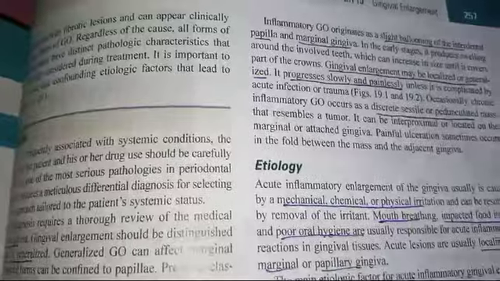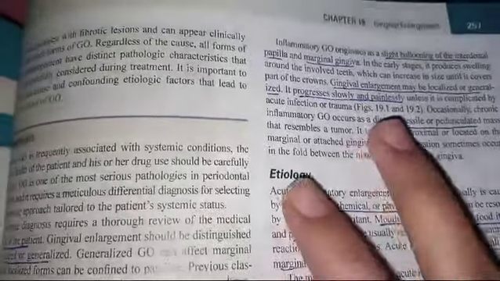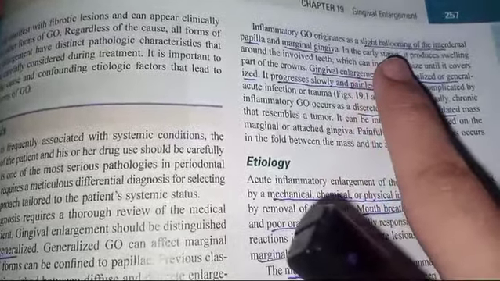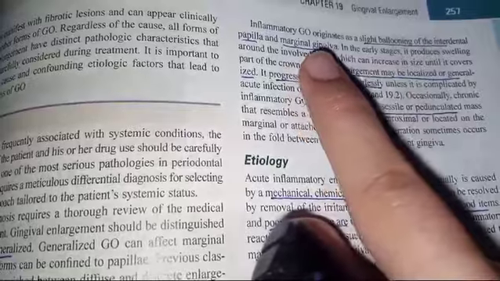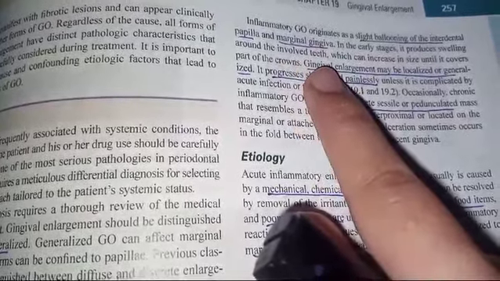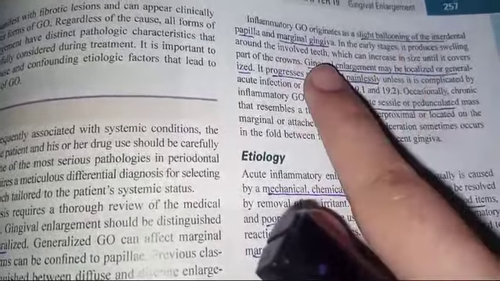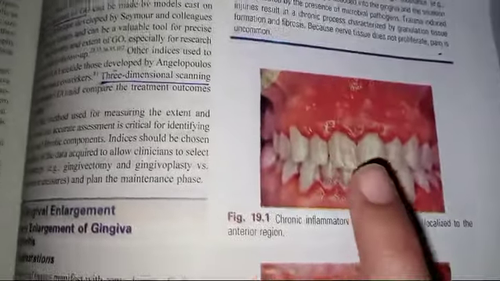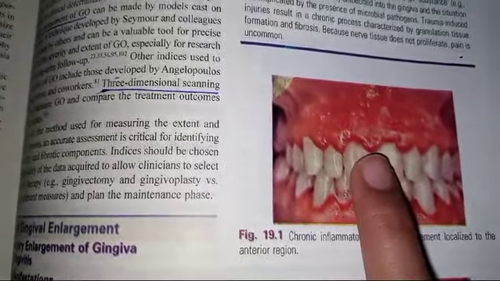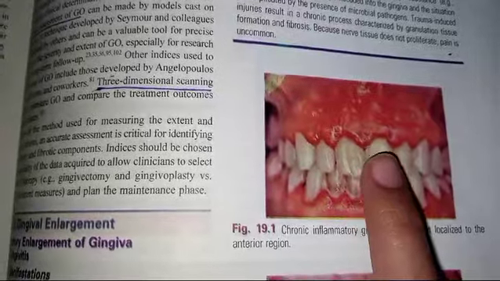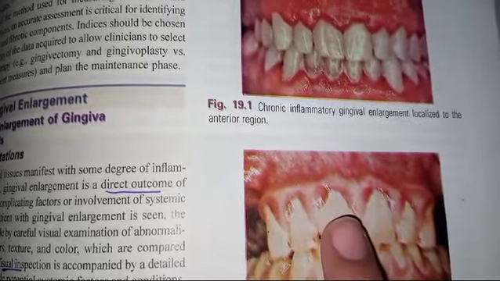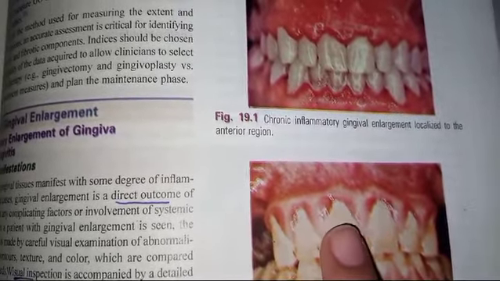Now basically the inflammatory gingival growth, how does it originate? It is basically a slight ballooning of the interdental papilla or marginal gingiva. So what happens, the interdental papilla and marginal gingiva have a slightly balloon shape. You can see it here, that the interdental papilla and the marginal gingiva are involved, and you can see this balloon shape originating in this region.